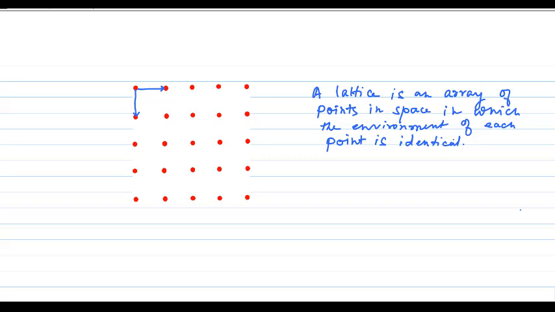This must be there, then only we can call that a lattice. So this is a more appropriate definition for a lattice.